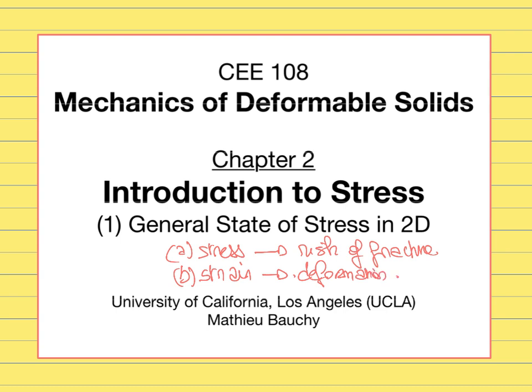Is this member going to be elongated? Is this member going to be shrinked? Is this member going to be laterally deflected? So everything about the change in the shape or the change of volume of a member will be quantified by the strain.